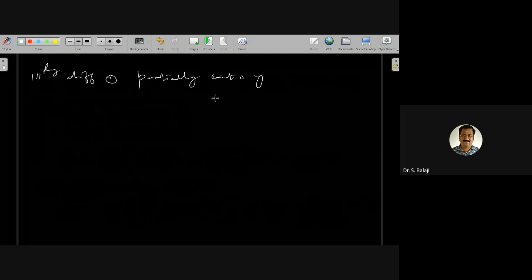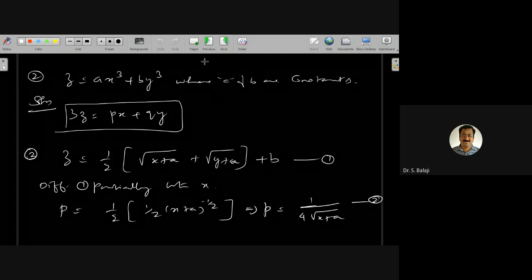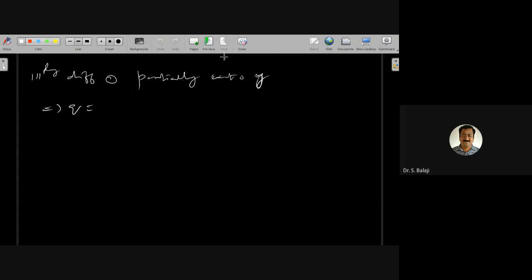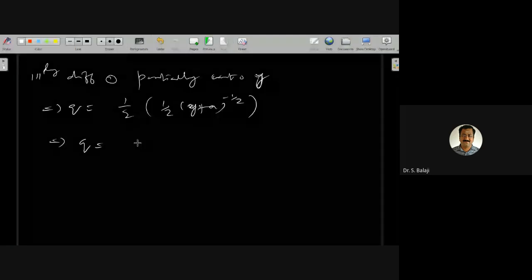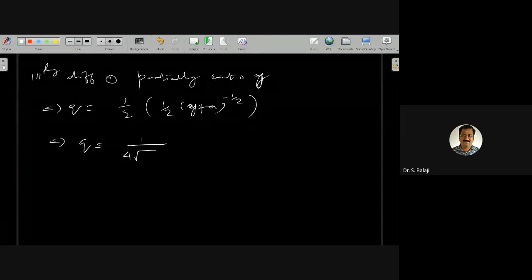The left side is q, and on the right we get 1 by 2 times y plus a to the power minus 1 by 2, and 1 only here, and plus b, that is also 0. Then q is equal to 1 by 4 of square root of y plus a. This is the third equation.